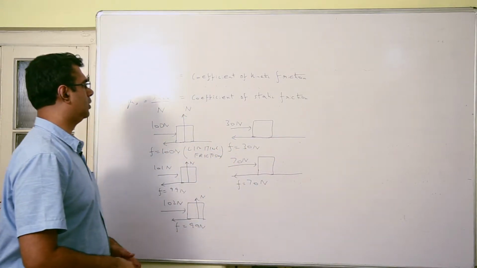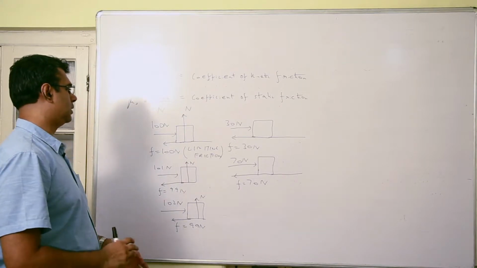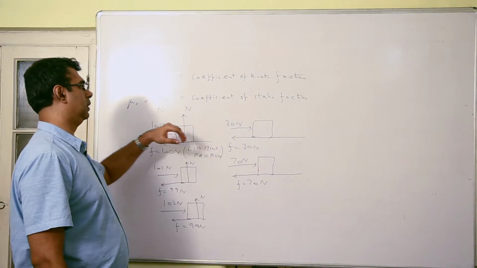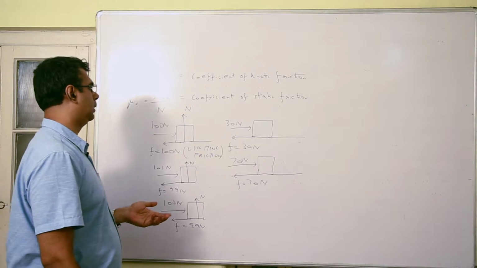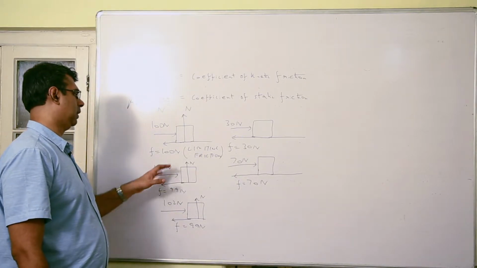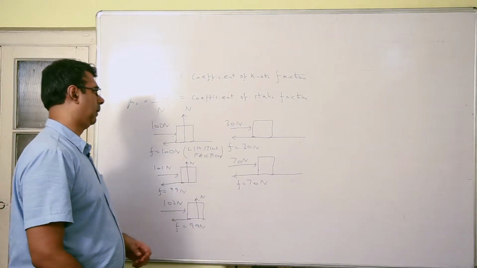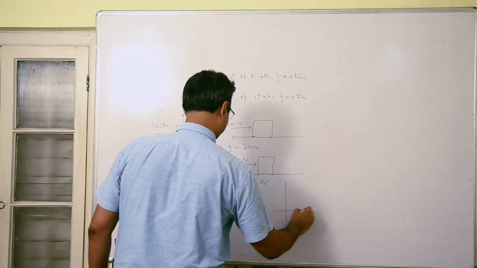So coefficient of kinetic friction is applicable for two bodies which are in relative motion, and coefficient of static friction is the maximum friction coefficient obtainable between the two surfaces, and it occurs when the situation is that of limiting friction.